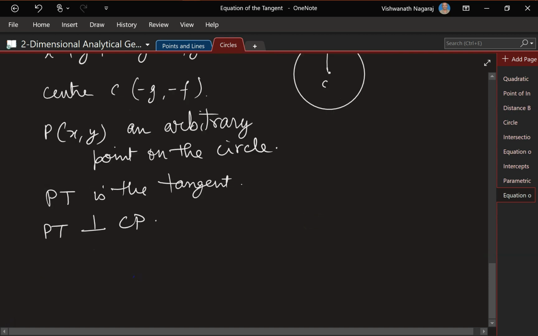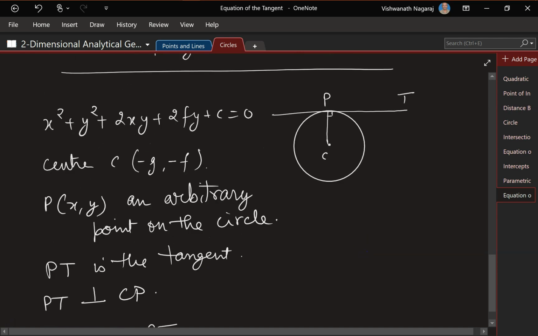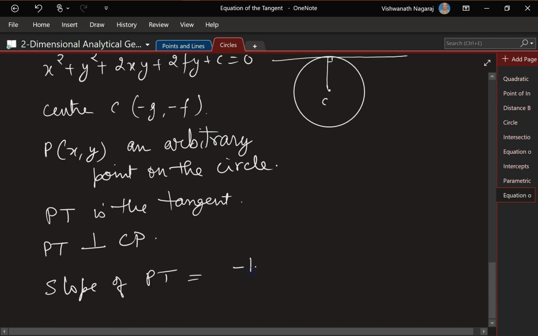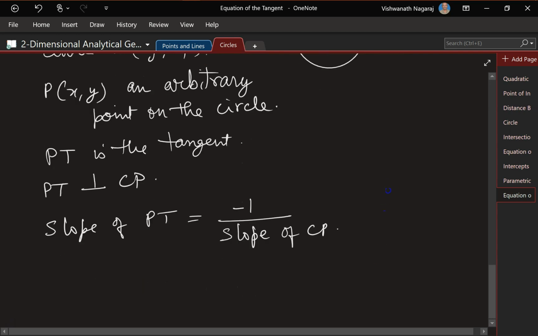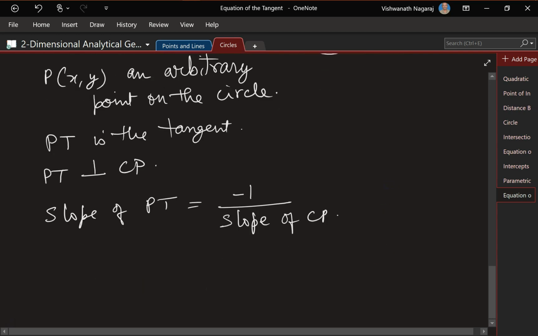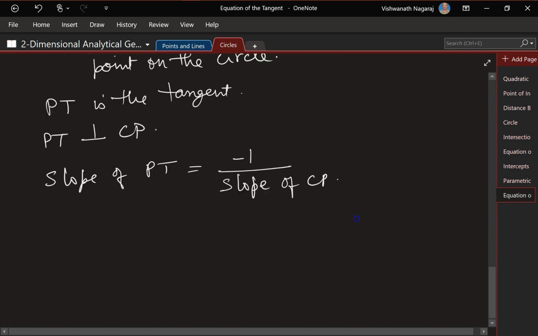Okay, now slope of PT is going to be what? Slope of PT is going to be minus 1 by slope of CP, or we can just say the product of the slopes of PT and CP is equal to minus 1. Or we can say slope of PT is the negative reciprocal of slope of CP, because they are perpendicular to each other.